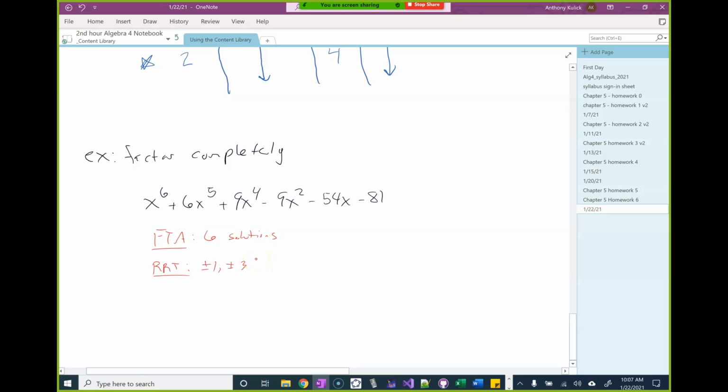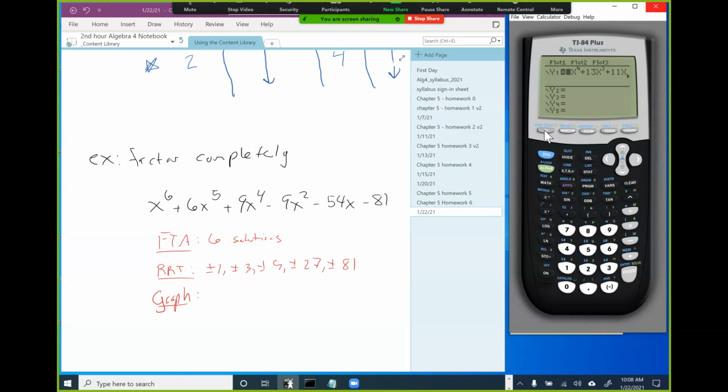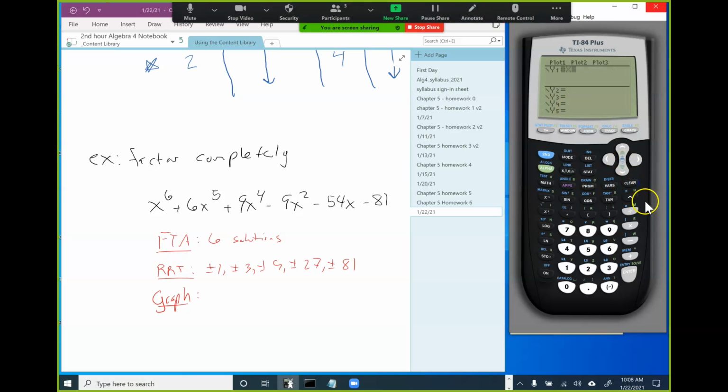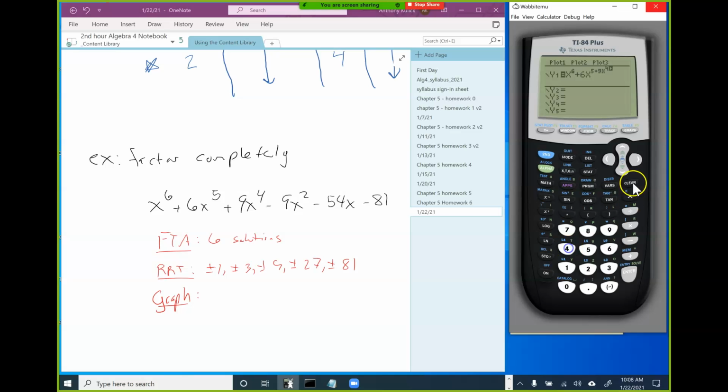Now let's go to our graph and take a look and see what's going on. I have x to the sixth plus 6x to the 5th plus 9x to the 4th, minus 9x squared, minus, and I'll set my window to go from negative 81 to positive 81.